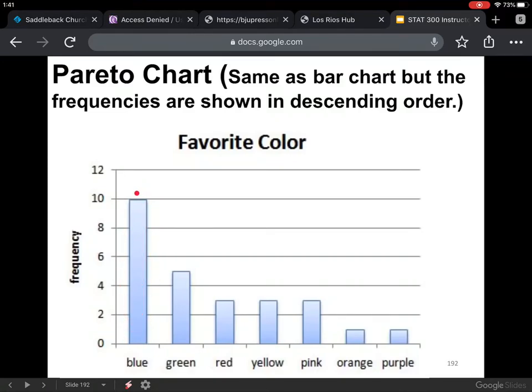And those that are pretty close together are repositioned to be closer together, so you see which one's higher, which one's lower, instead of looking across an entire bar chart to see, okay, wait, is this the same height or is this not the same height as another column? So a Pareto chart is the same as a bar chart, but the heights of the columns are drawn in descending order, so decreasing or descending order.